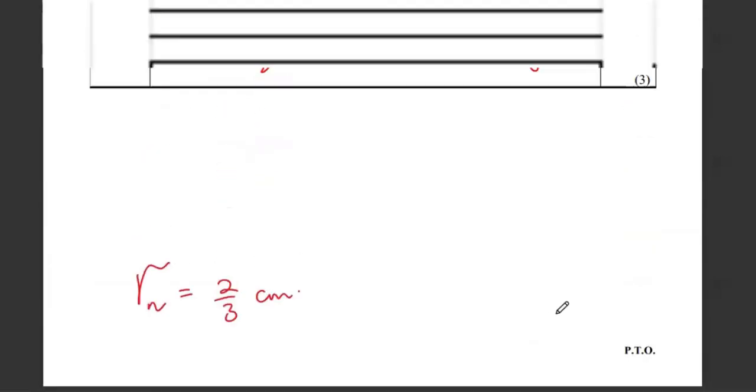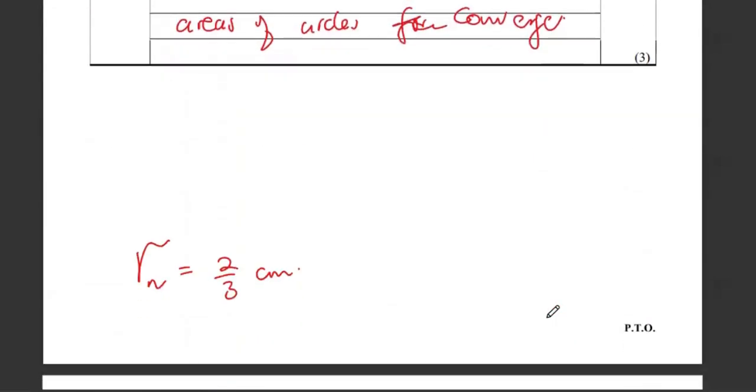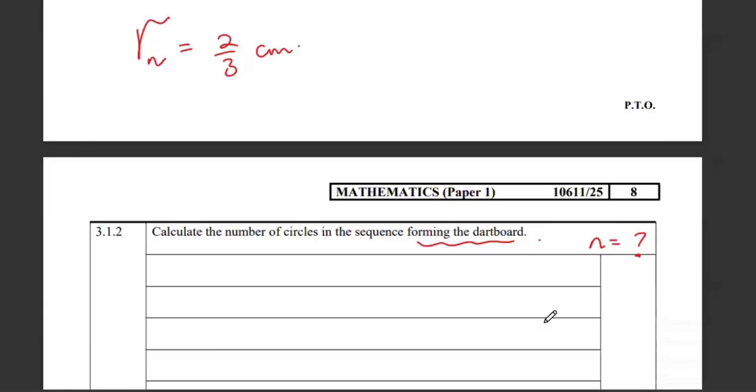Since I started with the area, I just want to keep the area. Meaning that the area of the last circle is going to be pi into 2/3 squared, because it's pi radius squared. This is going to give me 4/9 pi.